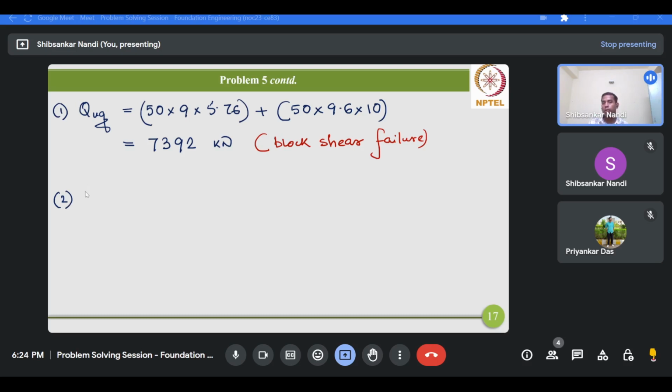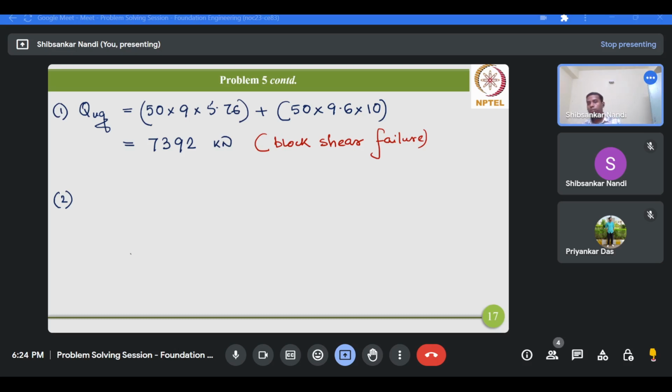It will be similar, as you know, because all the piles have the same geometry, same dimension, and are embedded in the same soil which has uniform properties. So if you calculate the load carrying capacity of one individual pile and multiply it by the number of piles in the pile group, that will give you the ultimate load carrying capacity of the pile group, considering the scenario where the piles are failing individually.